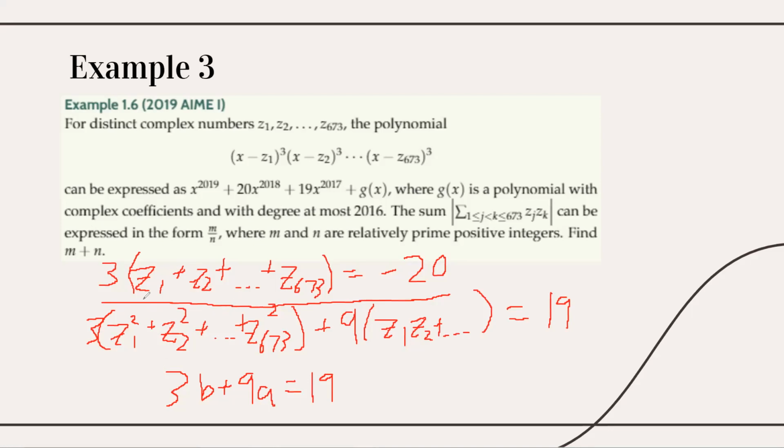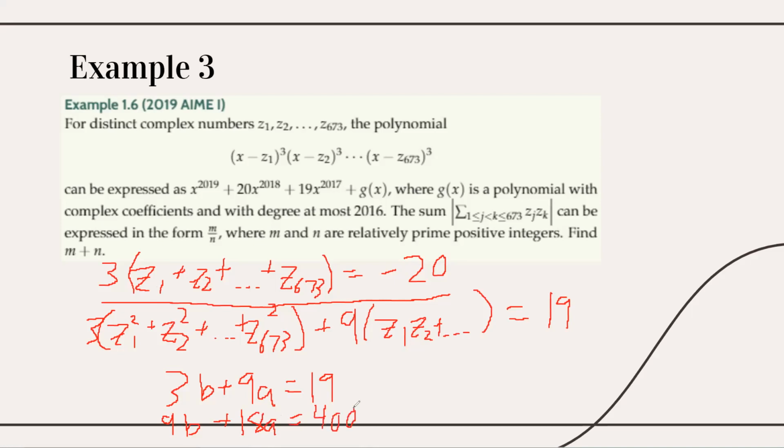And in fact, if you square this first equation and expand it out, you will get that it is equal to 9b plus 18a. And on the right side, we obviously just have 400 because negative 20 squared.